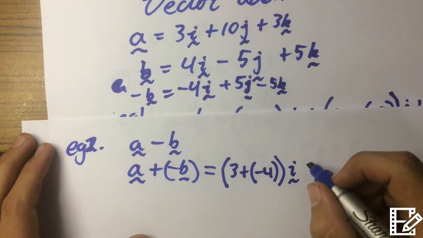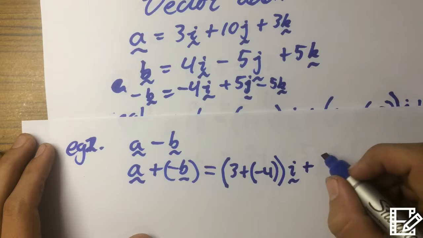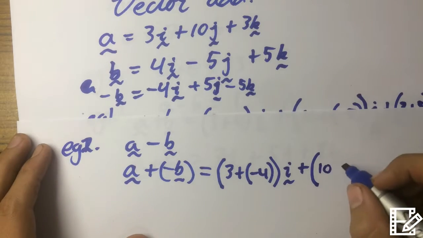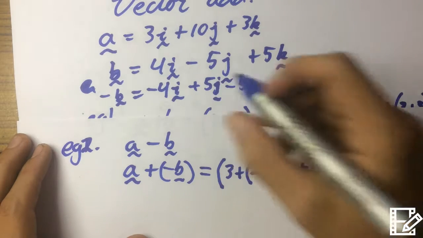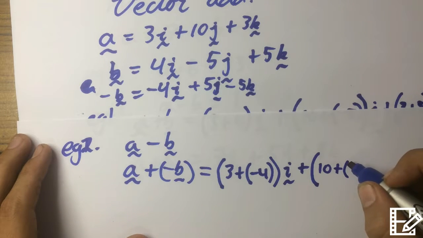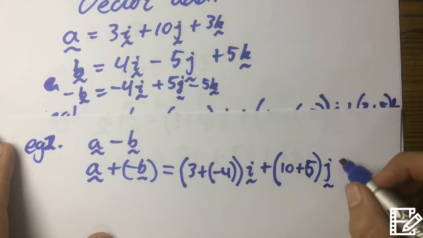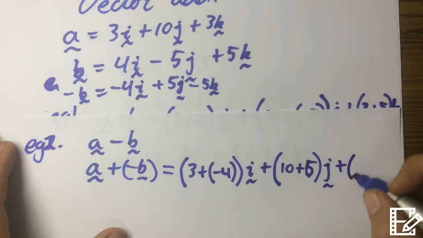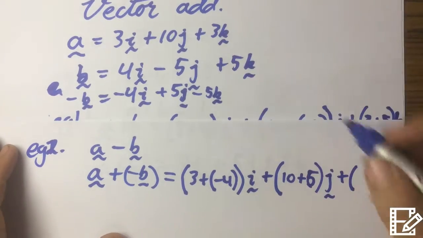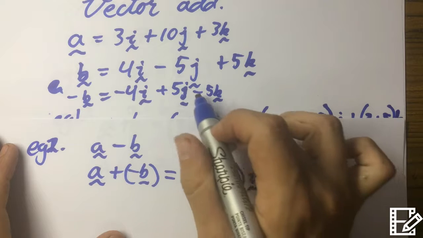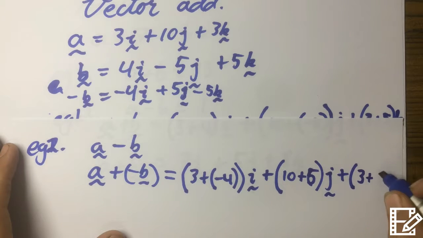Now for our j component, we add 10 plus, this is now positive 5, so we just write the 5, j, and plus 3k, so we just write the 3, and the negative B value is now plus negative 5, and then we'll do k in the squiggle.